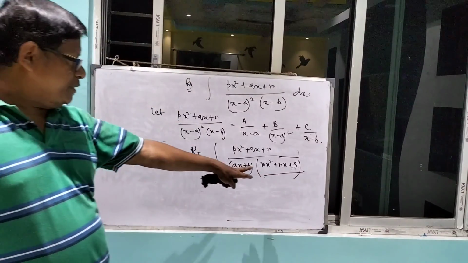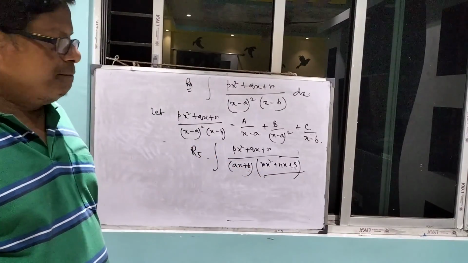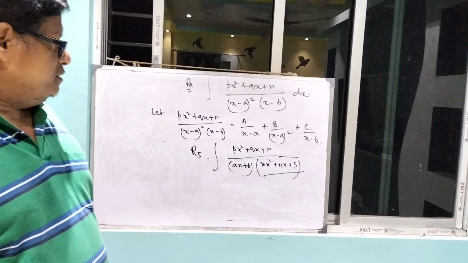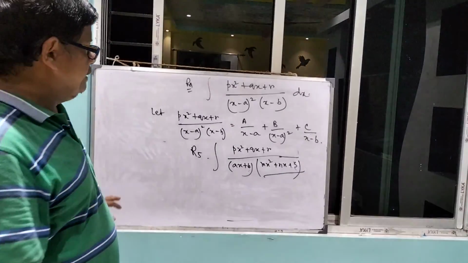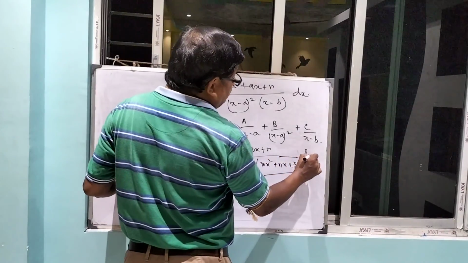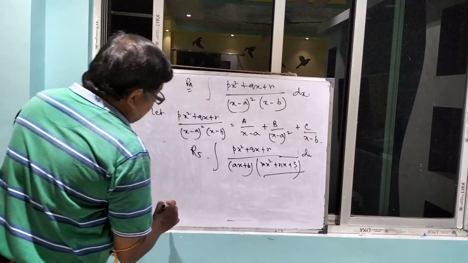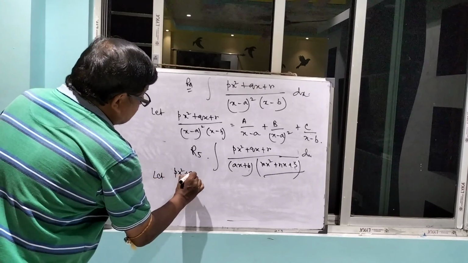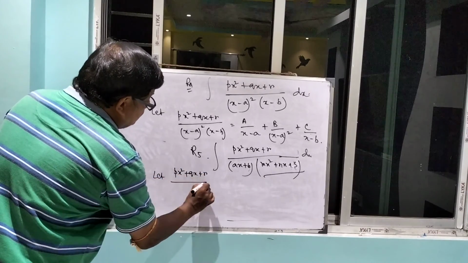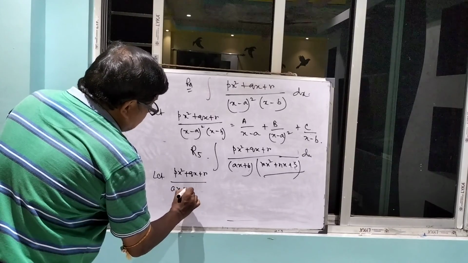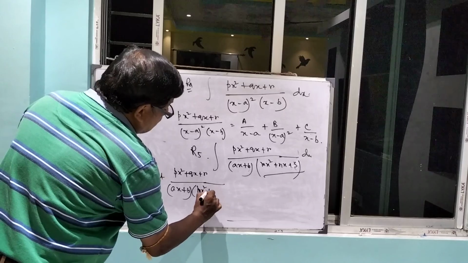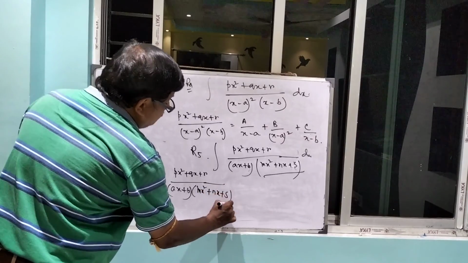If factorization is possible, no problem. If not factorized, then you do like that, dx is there, then this part will be, let (px square plus qx plus r) by (ax plus b) into (mx square plus nx plus s), suppose.